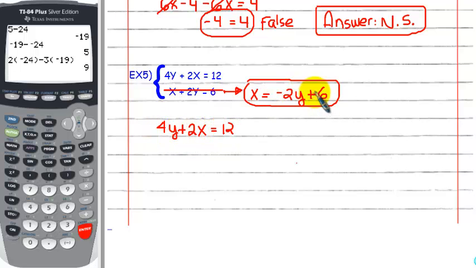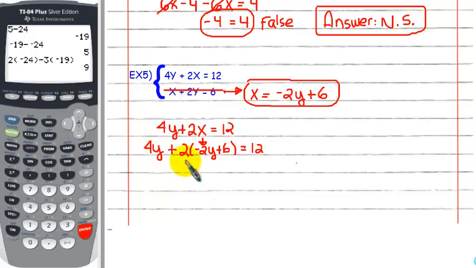We got the x alone. So we're going to substitute. Copy everything the same, except that instead of the x, we're going to replace it with what we have. So in this case we have x equals negative 2y plus 6, and everything else stays the same.